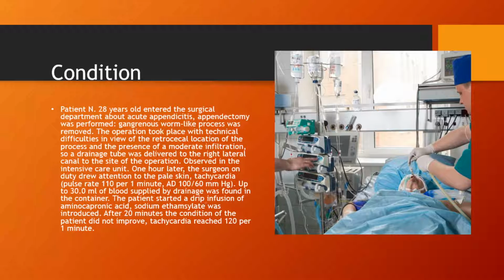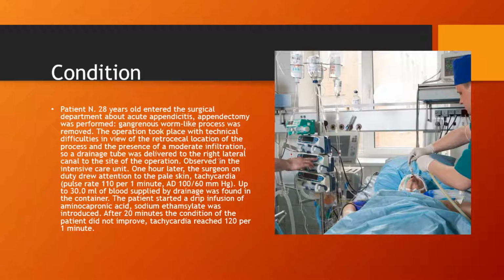The patient started a drip infusion of aminocaproic acid. Sodium etamsylate was introduced. After 20 minutes, the condition of the patient didn't improve. Tachycardia reached 120 per minute. Okay, what is important there?